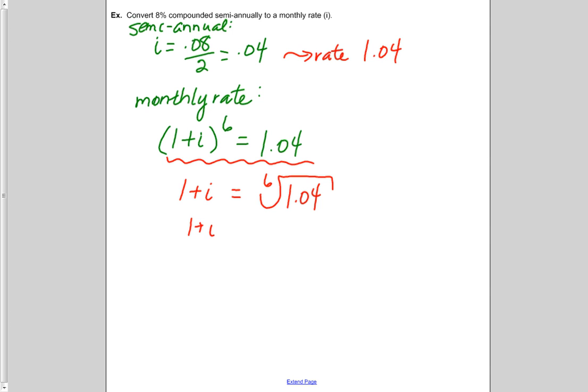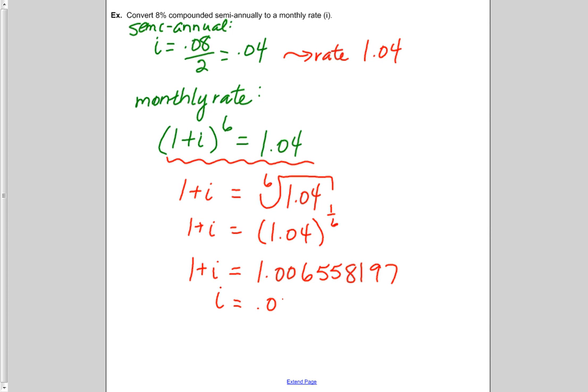Or, if you like powers better on your calculator, it would be to the power of 1/6. That will give you 1.006558197, honest. So your monthly rate is 0.006558197, or about 0.655%.